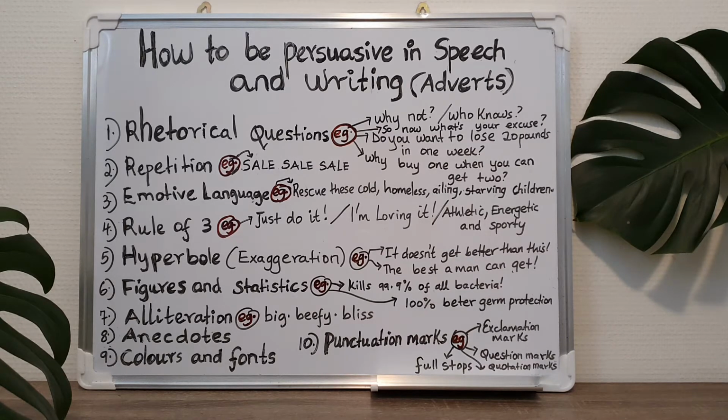For example, sale, sale, sale. The word sale is repeated 3 times. And when you're walking in the high street or in a mall and you see the word sale repeated more than once, it definitely catches your attention.